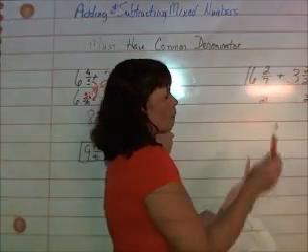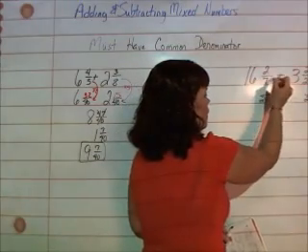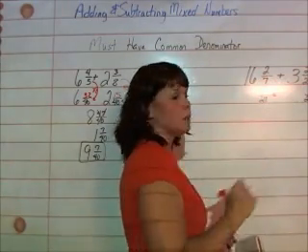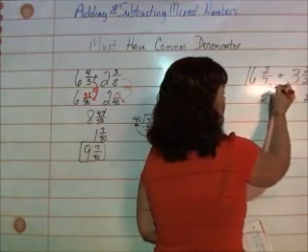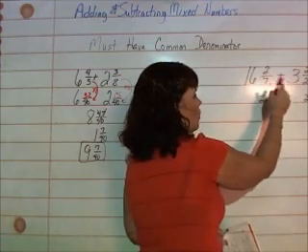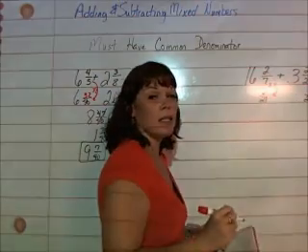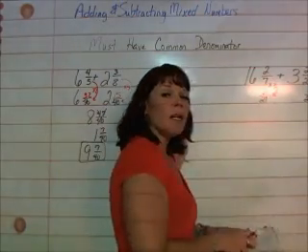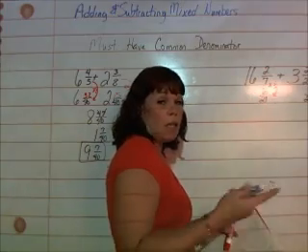Now, you have to ask yourself, 7 times what gives you 21? 7 times 3. So the 2 times the 3 is 6. Over here, 21 is still 21, so what's going to happen to your 20? It stays 20.